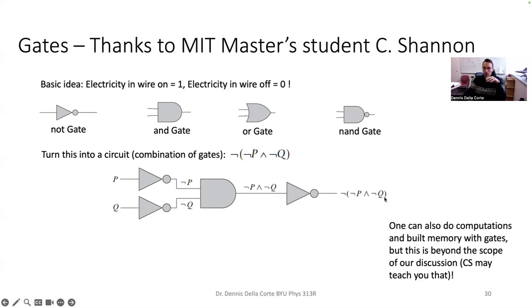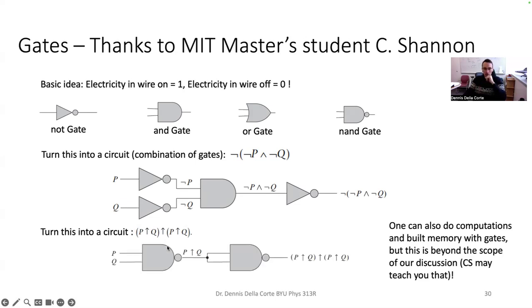All right. And similarly, you could do that also with the NAND gate. I think I'm doing it here for you, but just P and Q go in, you send them through a NAND gate.